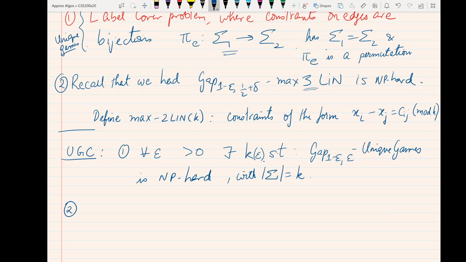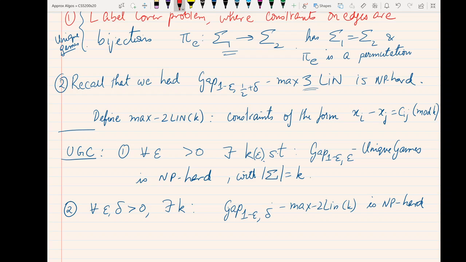And secondly, in terms of max 2-lin, it says that for all epsilon, delta greater than 0, there exists k such that the gap version of the max 2-lin problem, again between 1 minus epsilon and delta, of k is NP hard.